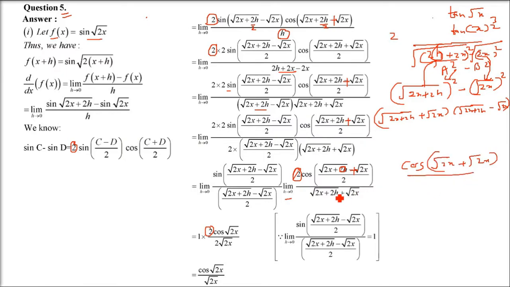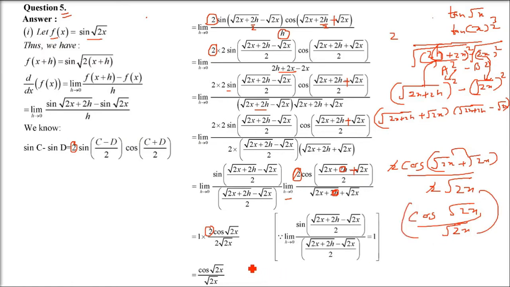This will be twice root 2x. Here also we are applying the limit, so in the numerator it's twice root 2x. The 2 gets cancelled, of course. So cos root 2x by root 2x will come.